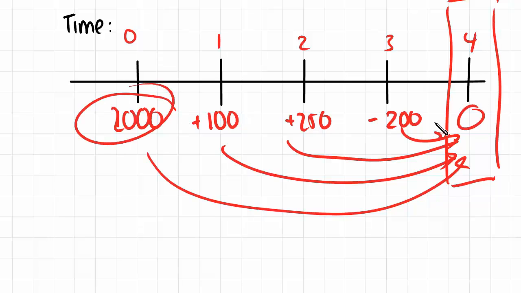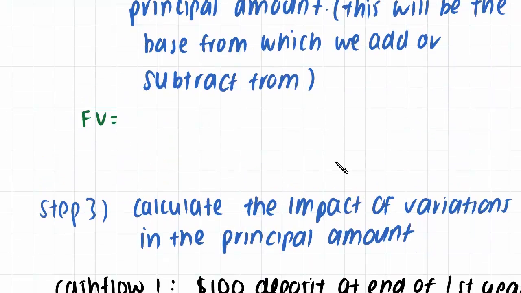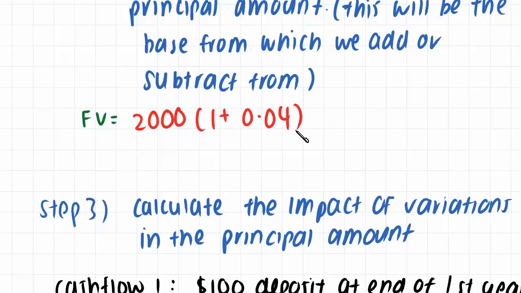So if you can see here, we have to compound it by 4 whole years: from year 0 to 1, from 1 to 2, from 2 to 3, and 3 to 4. So 4 whole years of compounding, that's what we need to do. If we put this into our future value equation, that would be $2,000 times 1 plus the rate 0.04, to the power of the number of periods, which is 4 years times the number of compounding per year, every half year, so 8 compound periods altogether.